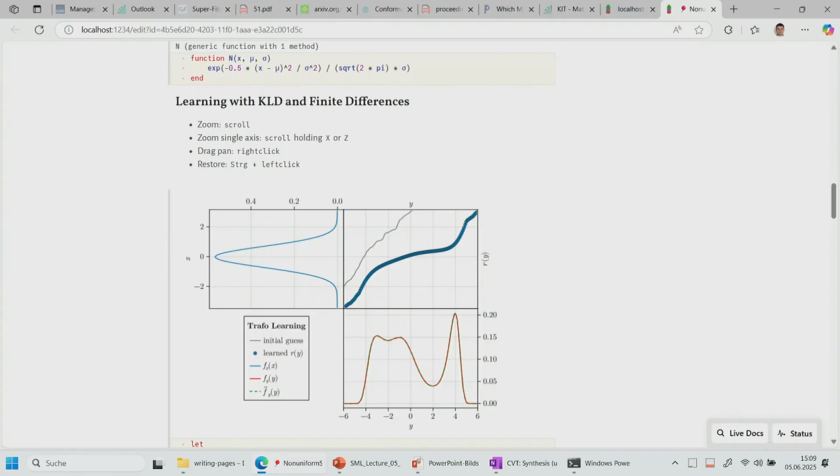So this is now a live document that you will also find in Ilias, so you can just open it. And here we use the Kullback-Leibler divergence and finite differences for learning a mapping, so for learning kind of an implicit function representation.